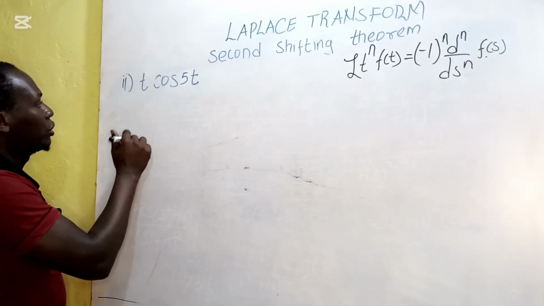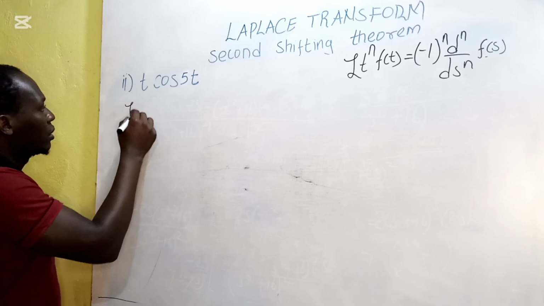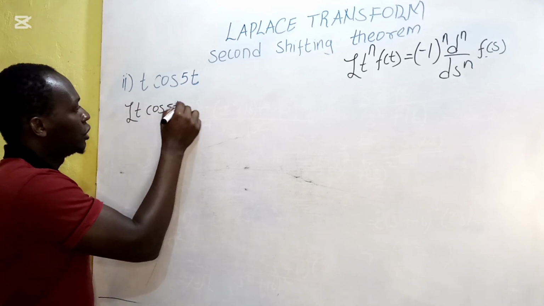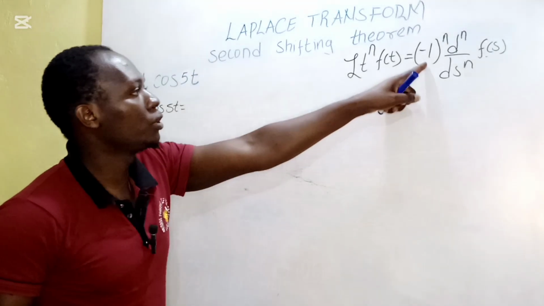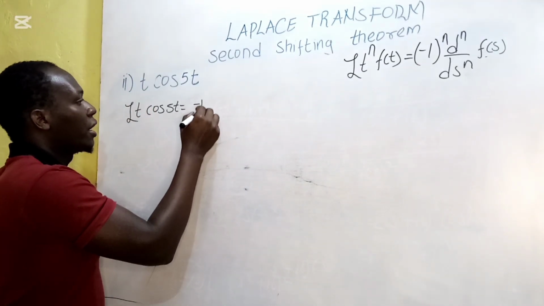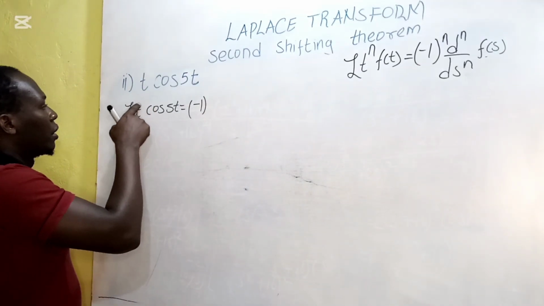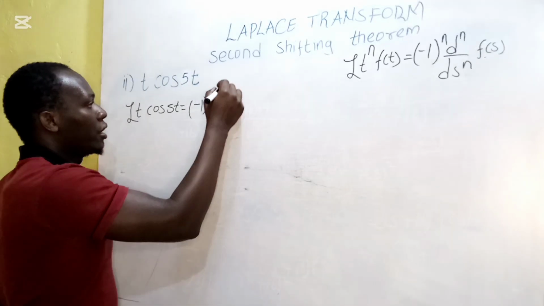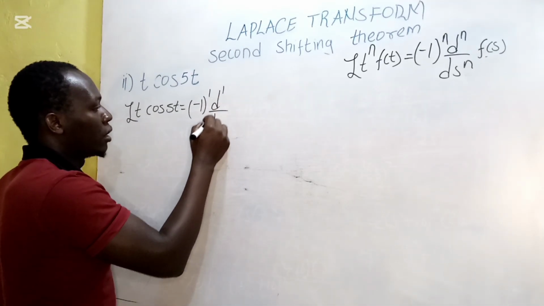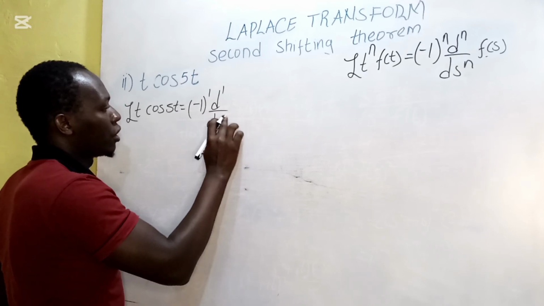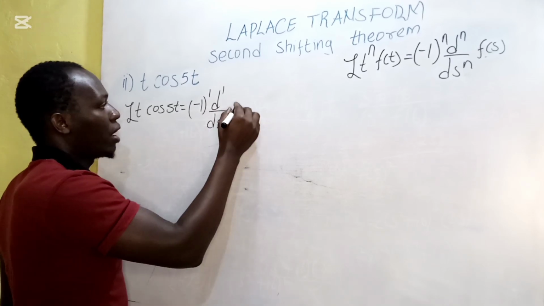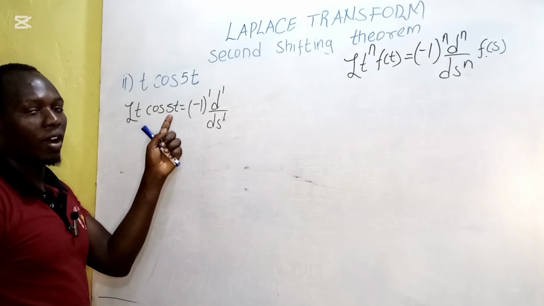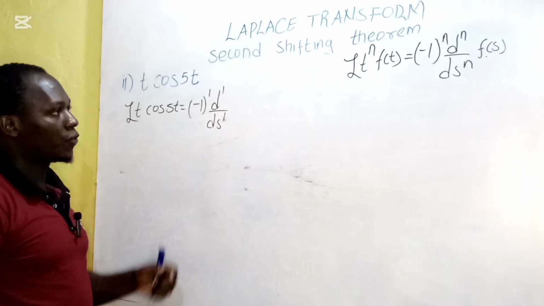Let us now get into our working, whereby we have the Laplace transform of t cos 5t is going to be equal to negative 1 raised to a power of 1, d raised to a power of 1 over ds raised to a power of 1, and then we get the Laplace transform of our function cos 5t.